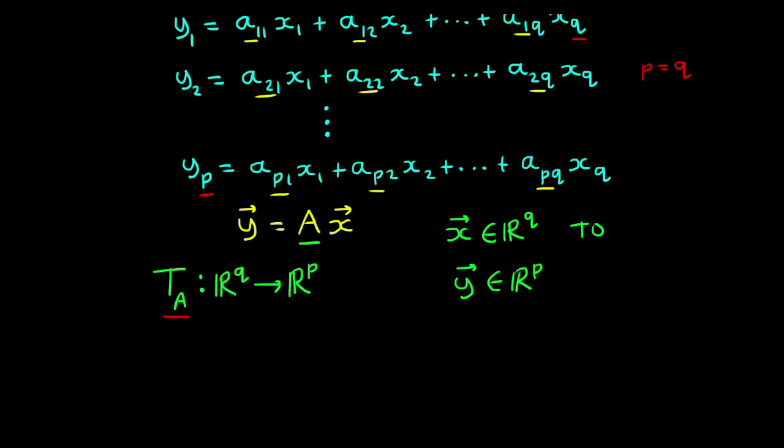So this transformation can also be expressed as a vector resulting from the transformation of the vector x. Or another notation states that TA maps x to y. So A is called the standard matrix for this transformation.